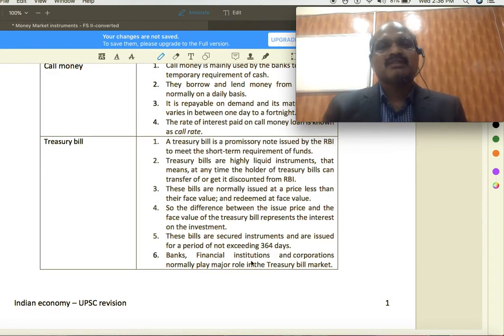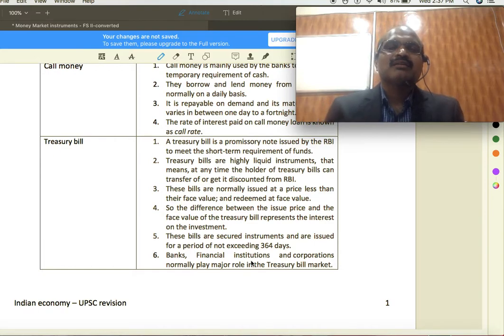Even after 364 days, if government is not in a position to repay these bills, what happens? Very simple. These bills will be converted into bonds by the government with a fixed rate of interest, maybe 2 years, 1 year, etc. It's like when I'm not able to pay within 91 days, I will convert them into 182 days with an increased interest rate. If I'm not able to pay in 182 days, I will convert them into 364 maximum.